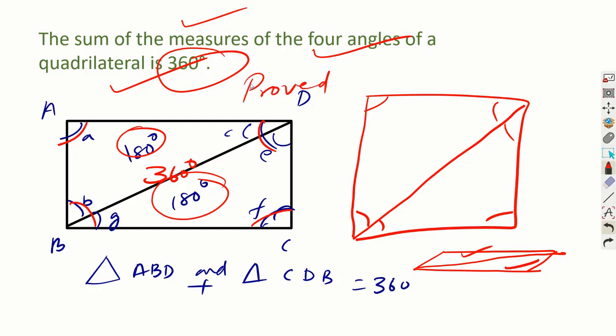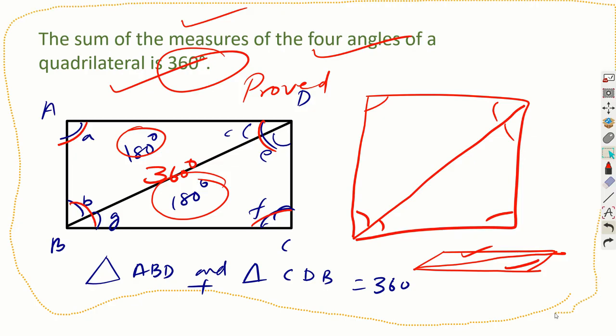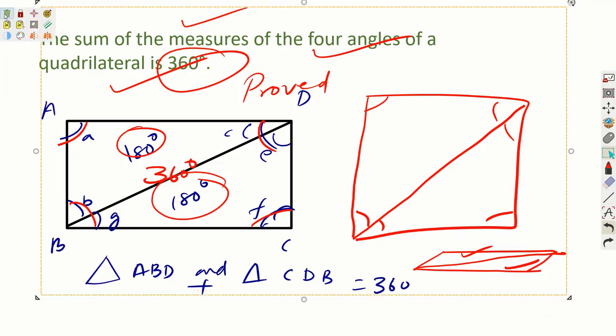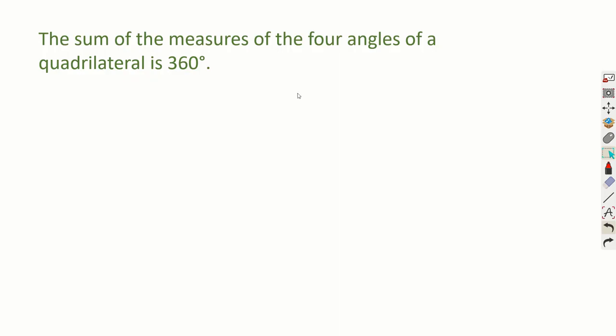180 plus 180. We are coming close to the concept of this chapter. Before closing, I would like to tell you the points which we came across in this chapter together. At the starting we mentioned what a quadrilateral is: a four-sided closed figure. When we connect two points, the other two points should lie on one side of it.